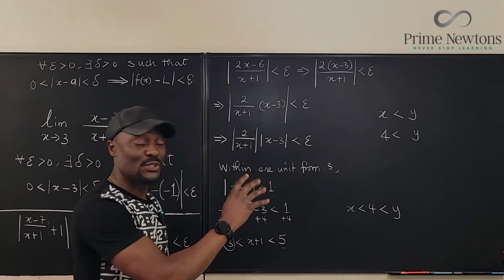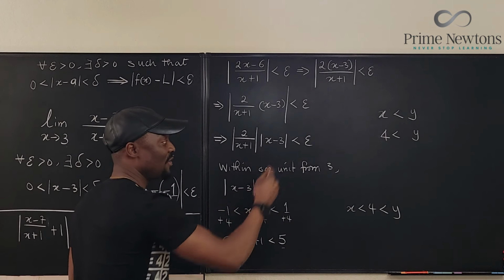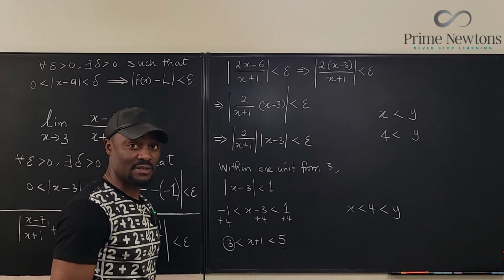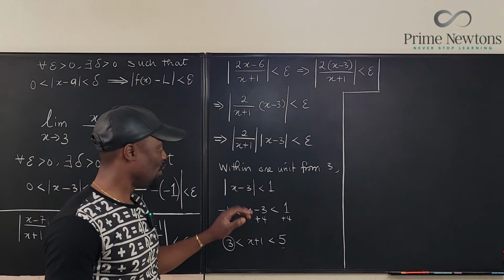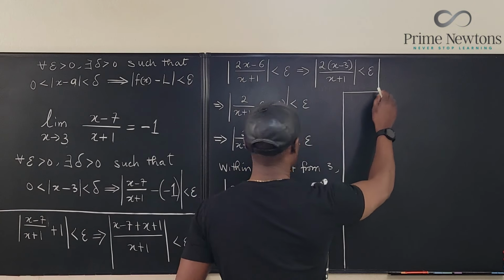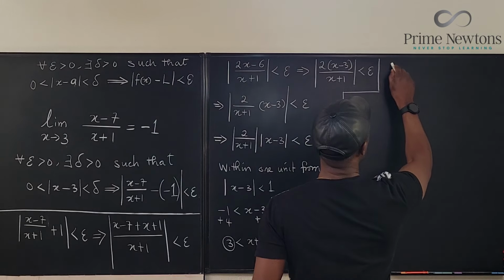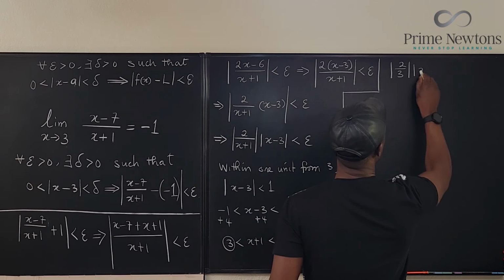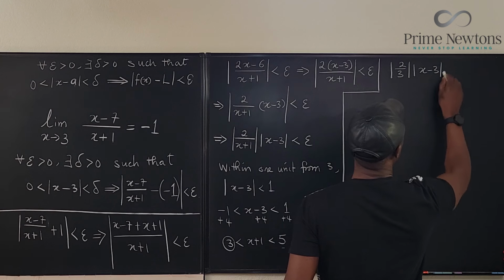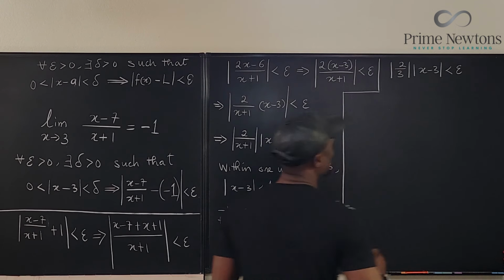This is what you always do whenever you have two terms and you're trying to find what your delta is. So from here, I am going to replace this, like I said, so that this implies that 2 over 3 of the absolute value of x minus 3 is less than epsilon.